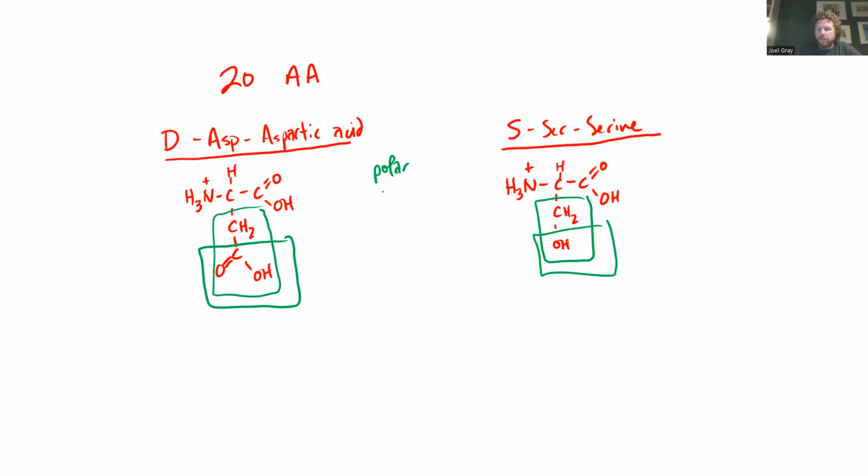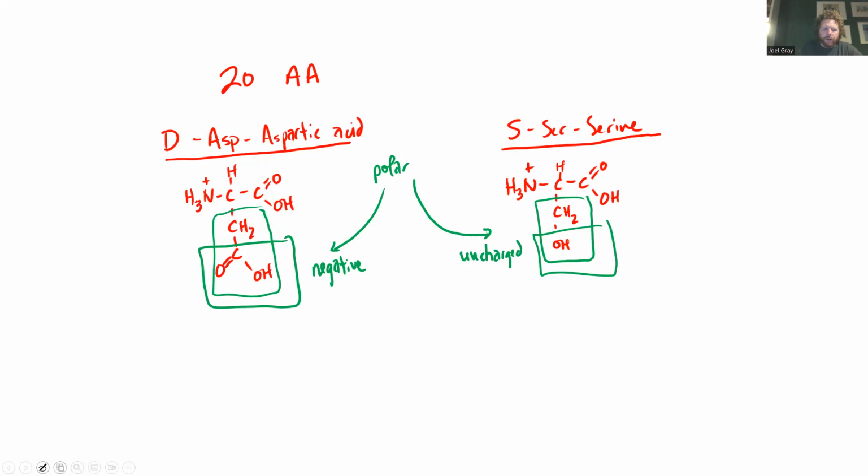Now, if you were to imagine these two amino acids at neutral pH, well then things are going to change about those structures. Aspartic acid is classified as a polar negative amino acid, whereas serine is classified as a polar uncharged amino acid.